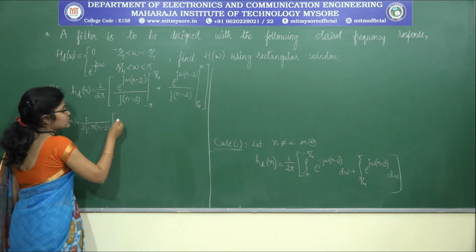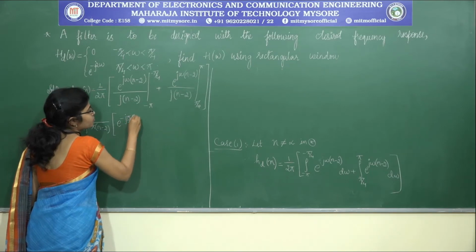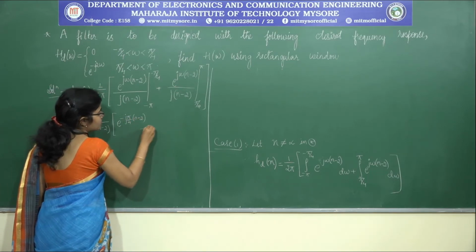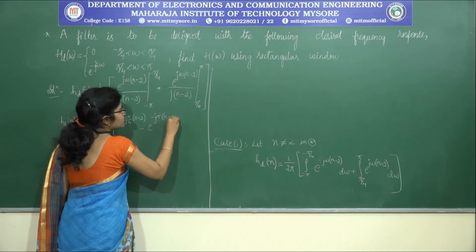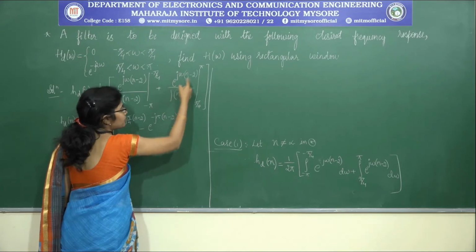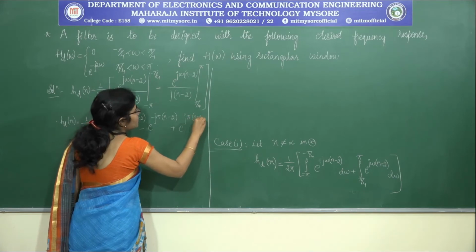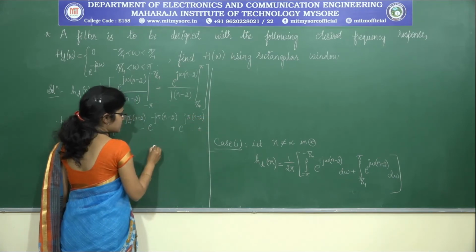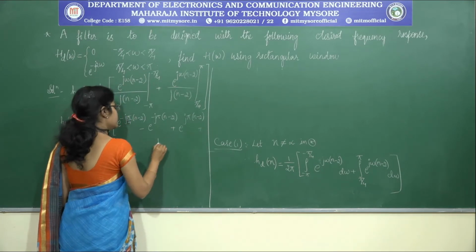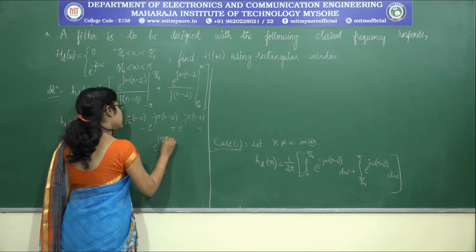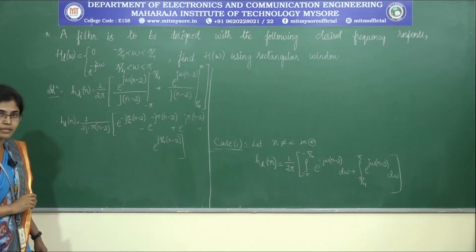So if we apply the limits, the first limit is e power minus j pi by 4 into n minus 2 minus e power minus j pi into n minus 2, plus, if I apply limits for this, it is e power j pi into n minus 2, minus e power j pi by 4 into n minus 2.